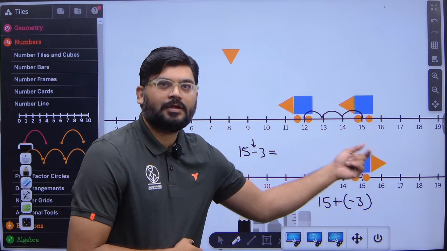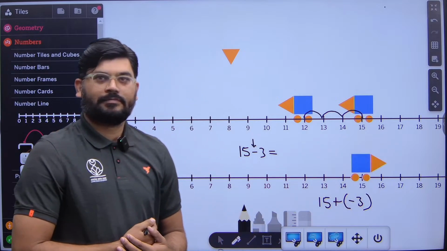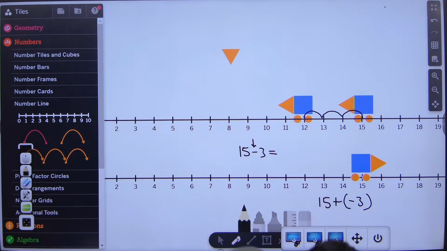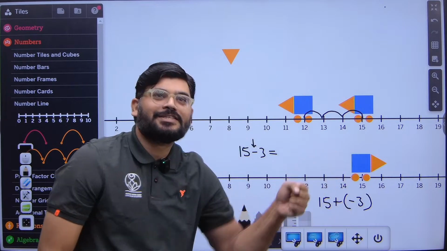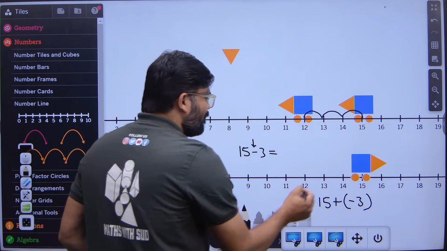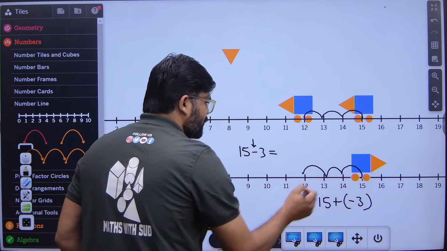Positive. Minus 3 means will you move forward or backward? Negative 3 is the reverse gear. So you will move 3 units backward: 1, 2, 3. Where will you reach?